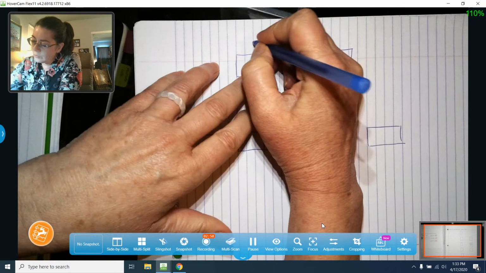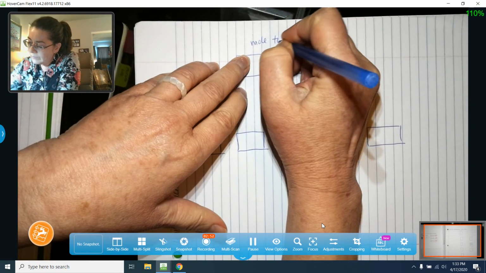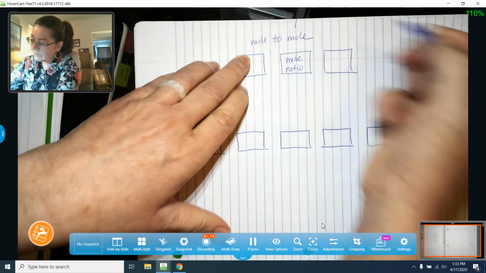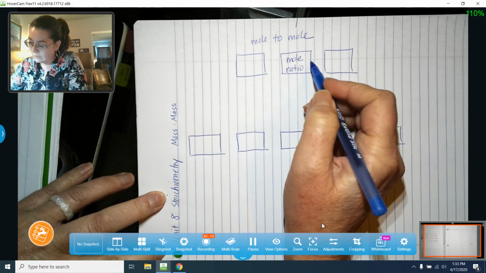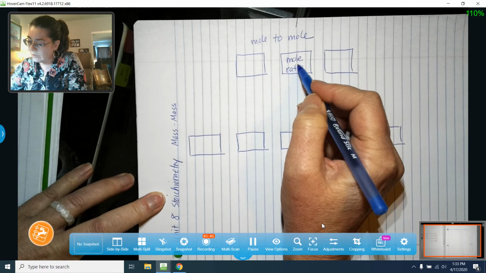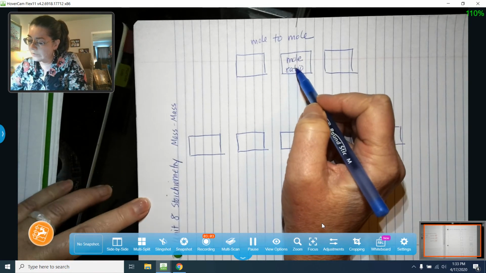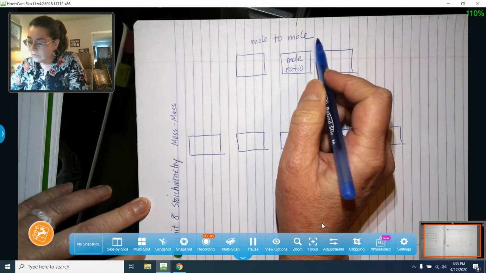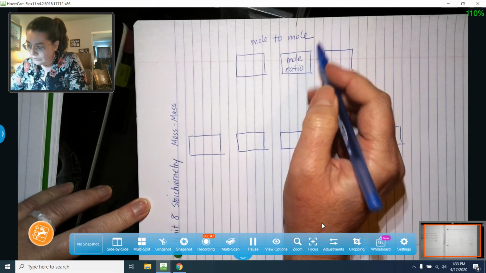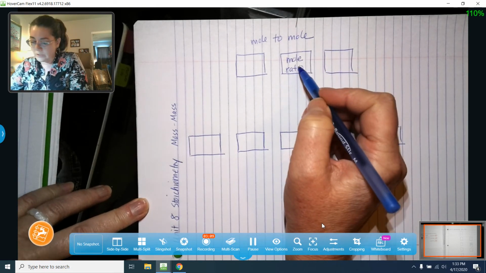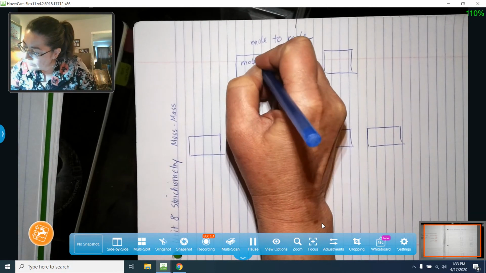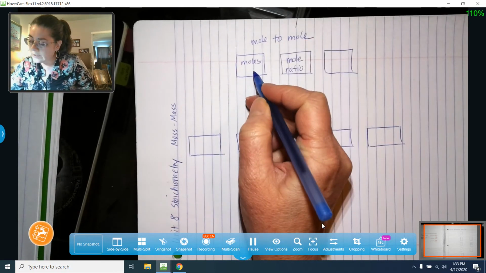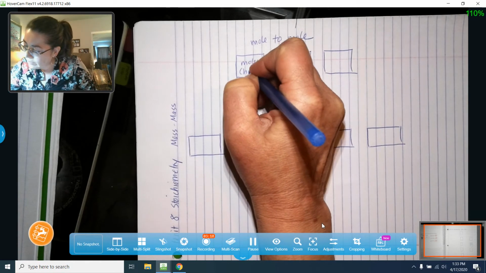In mole-to-mole stoichiometry, the mole ratio is the central idea. You have to have a mole ratio, and we get this from the coefficients of the balanced equation. So whenever you do stoichiometry, you have to have a balanced equation, and you're going to use the mole ratio. You start out with moles of what's given in the problem, so let's call this our have.